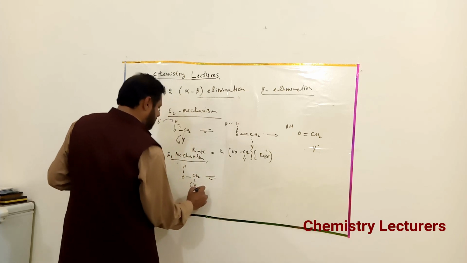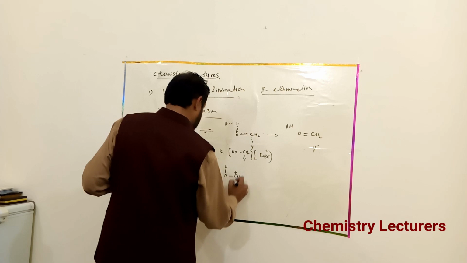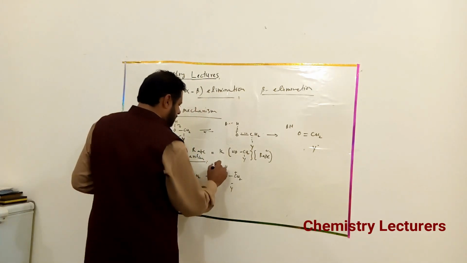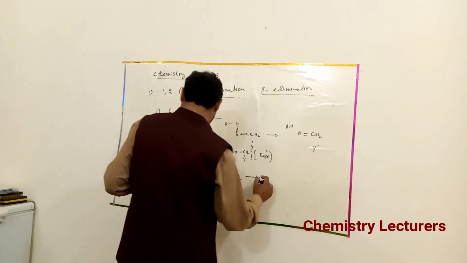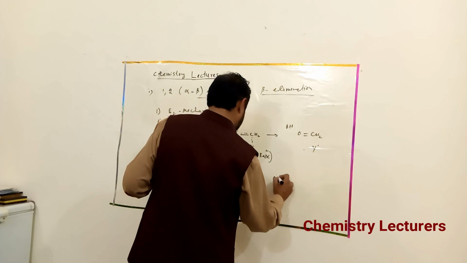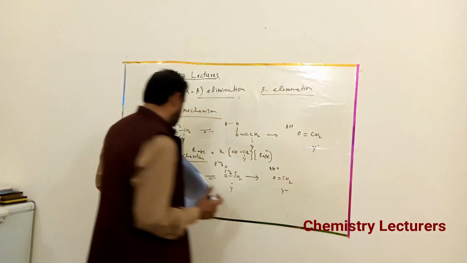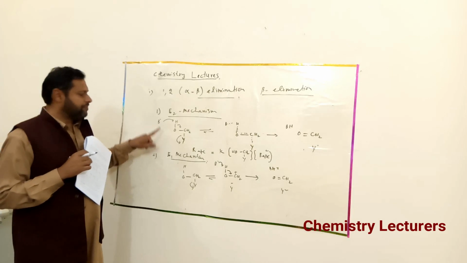First Y is removed and a carbocation is formed. In the second step, the base will remove the proton to give the alkene. These types of reactions are called E1 mechanisms.